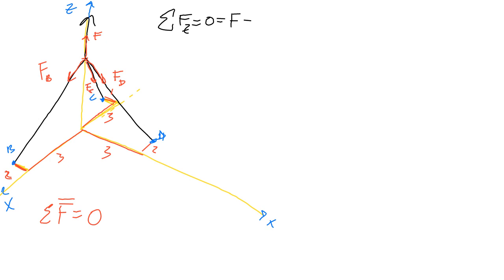Let's start with force B. So force B, let's see. They tell us how high things are. They do tell us how high. Okay, that's what I'm missing. They also tell us how high this is. That's 6.